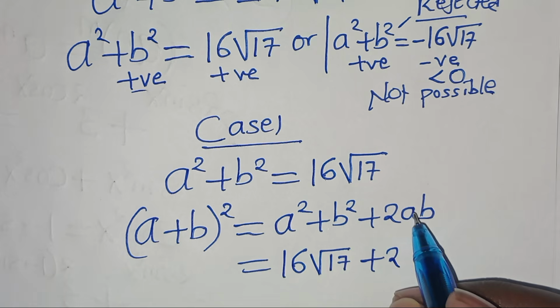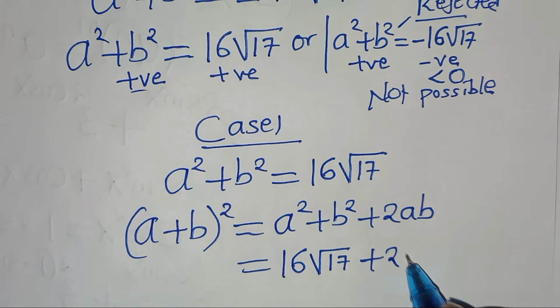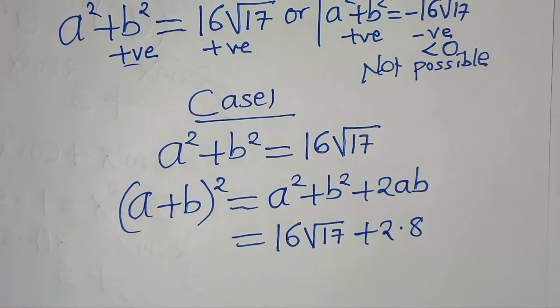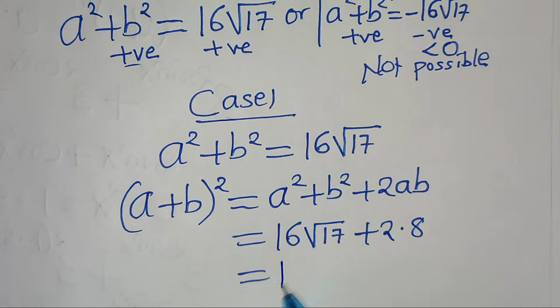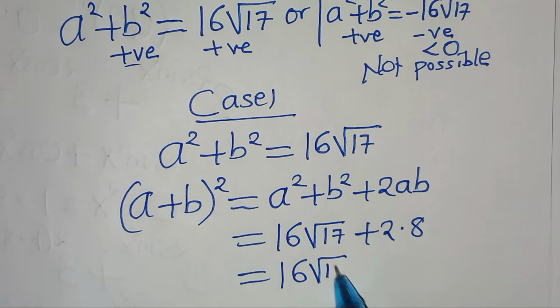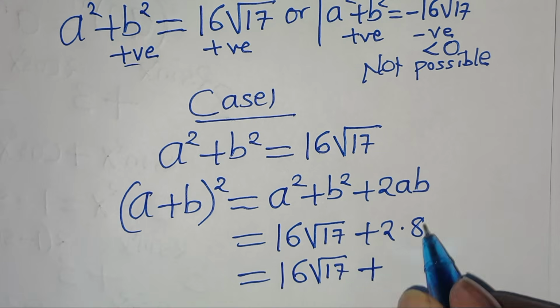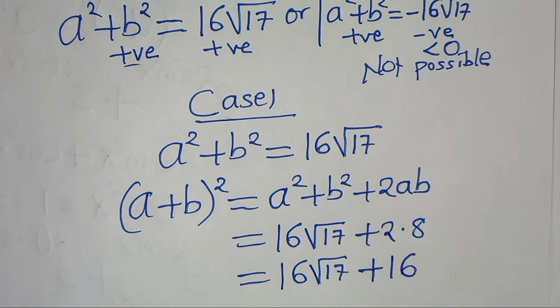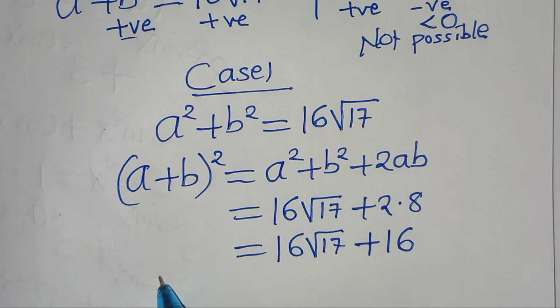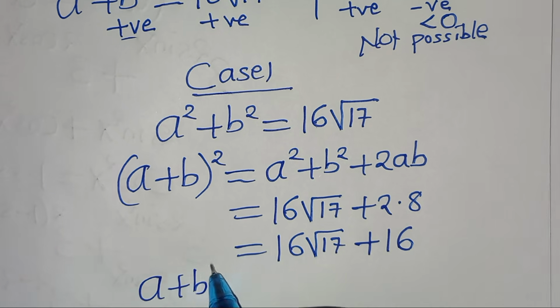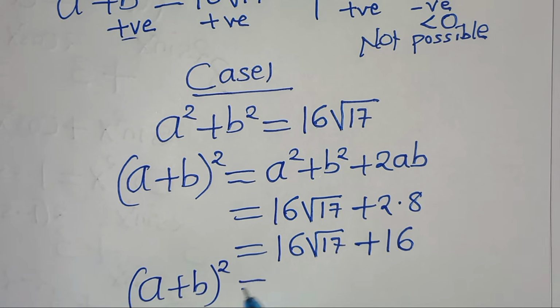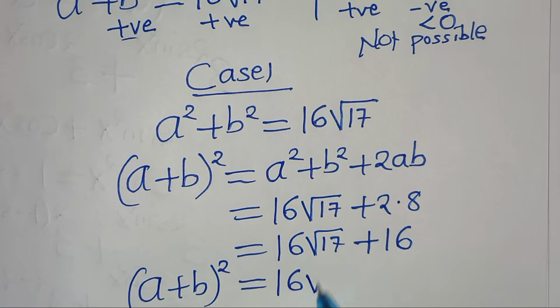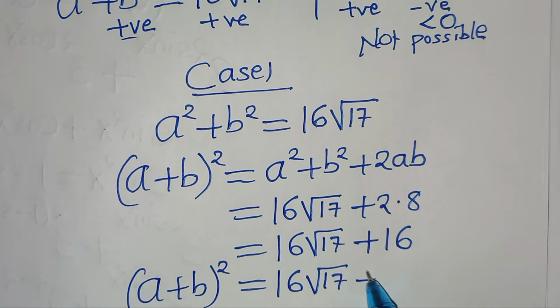This is equation 2, which is equal to 8. So we have 16 square root of 17 plus 2 times 8, which is 16. So a plus b raised to the power of 2 is equal to 16 square root of 17 plus 16.